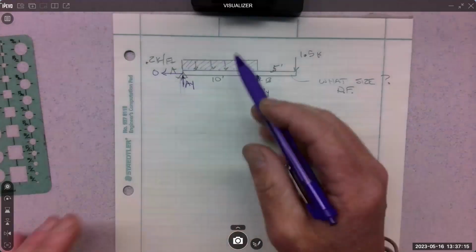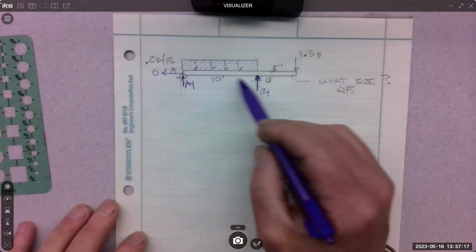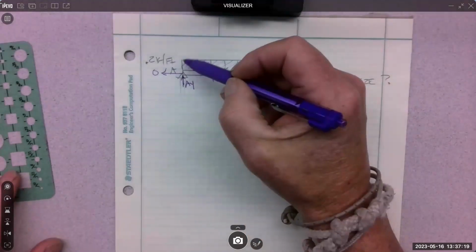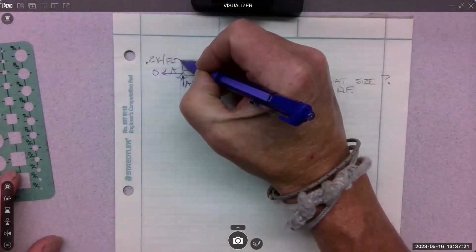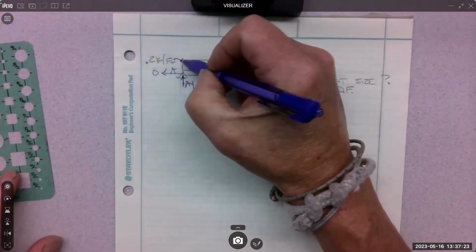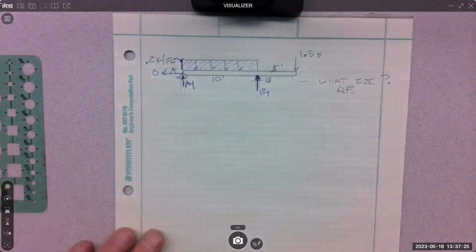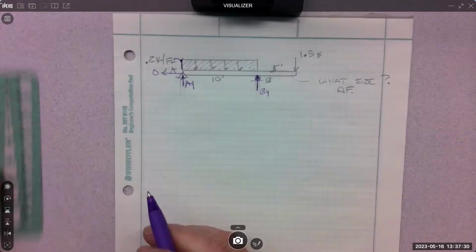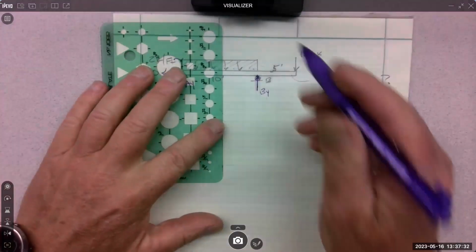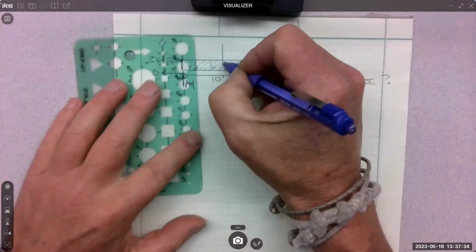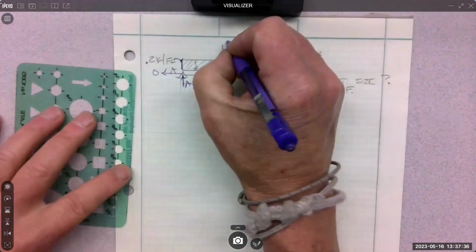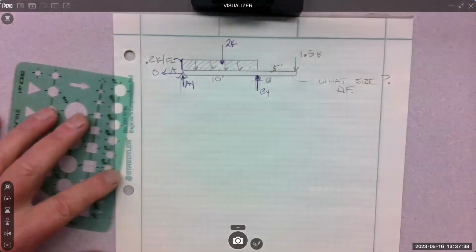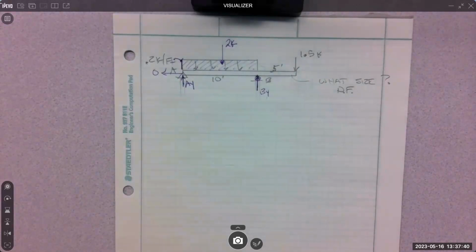Okay. So the area of this rectangle is 10 feet times this is the height. So when they give you this, it's always the height of the distribution. So it's 10 times 0.2, which is what? 2. And where do we put it? Through the geometric center. So if it's a rectangle, it's just halfway.